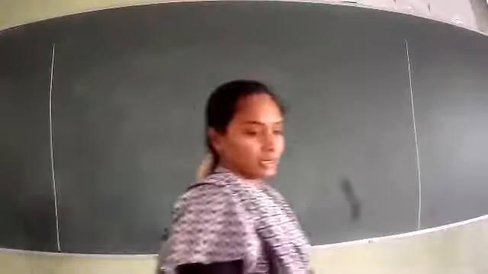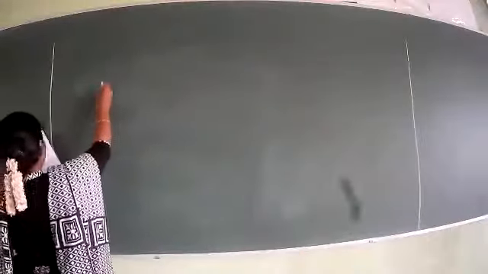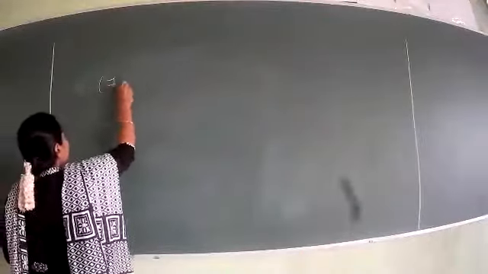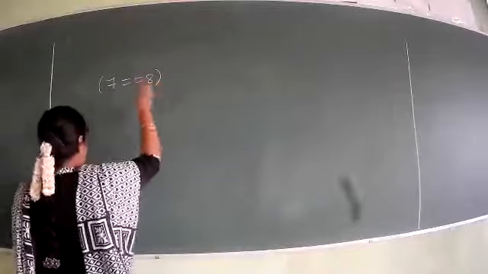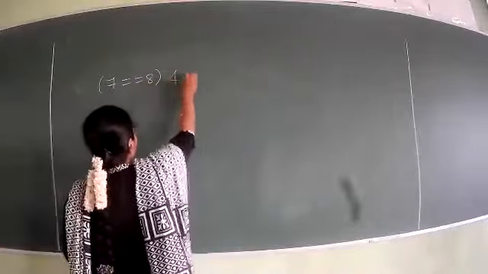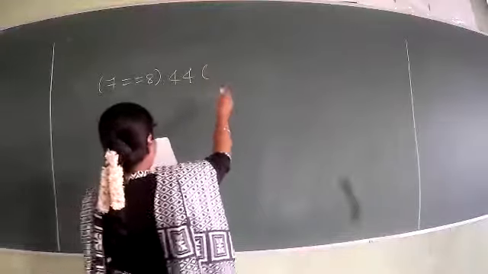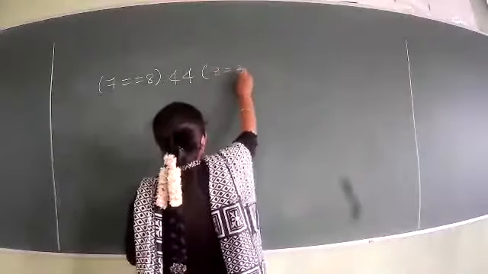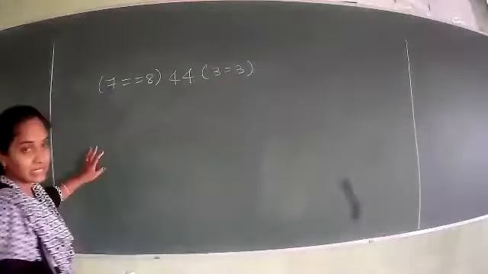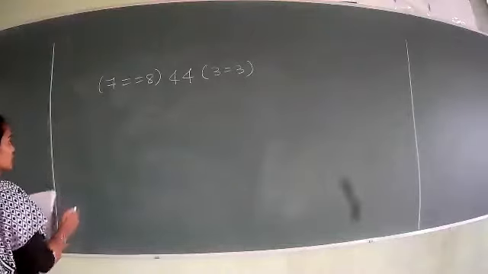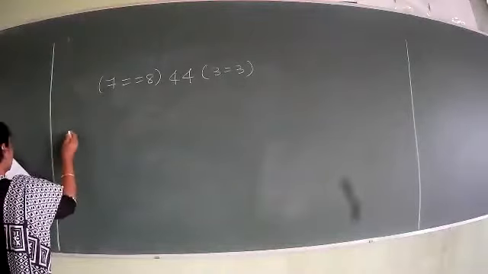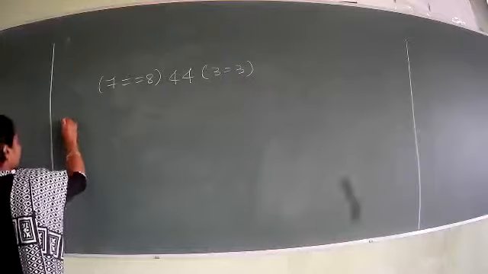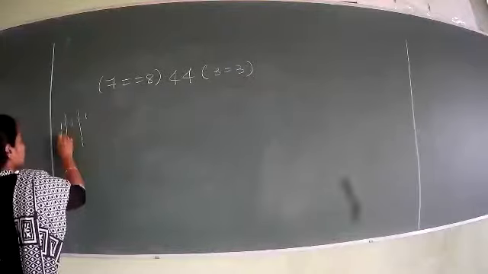To show the AND operator, consider the example here. 7 is equal to 8 and 3 is equal to 3. This is the example we are working on for logical AND. For logical AND, if both inputs are true, the output is true.